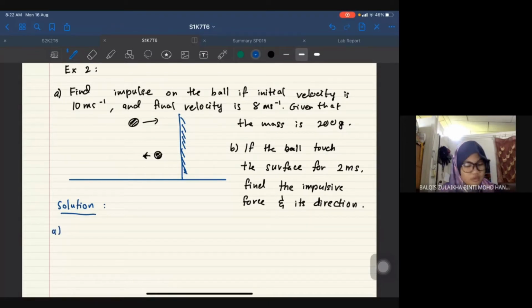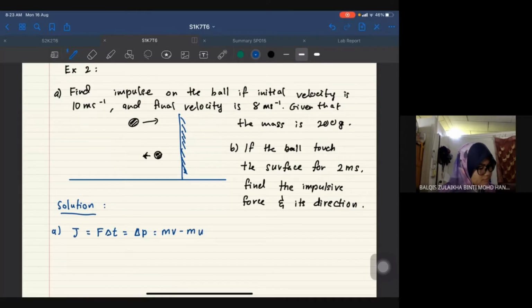Okay, you can use impulse because impulse is basically J. J has two formulas, either F delta t or equals to delta p. So for the first question, they did give you the velocity and all, including the mass. So the easiest way is to use delta p here. So delta p is equals to mv minus mu.